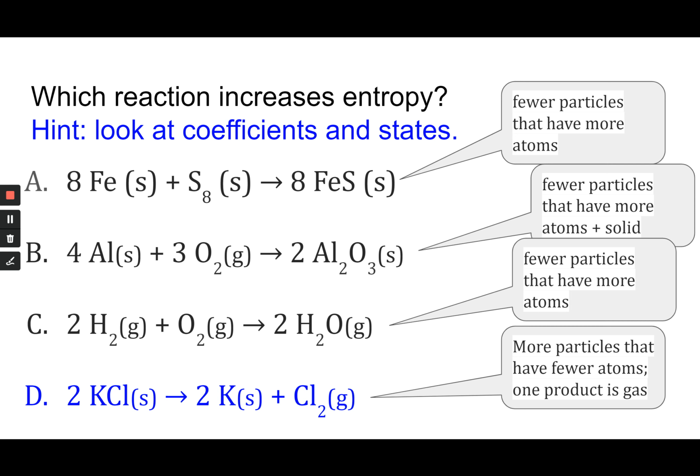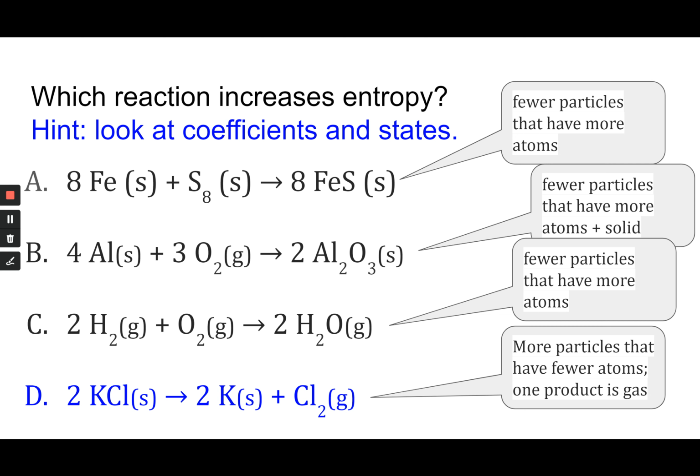So if you look at the number of particles, we have 9 particles on the left, 8 iron atoms plus 1 sulfur molecule, and we made 8 iron sulfide formula units on the right. So this means fewer particles in the products than the reactants. Everything is solid, so we can't look at that, but we can see that we've created fewer things from more things, so entropy has gone down.